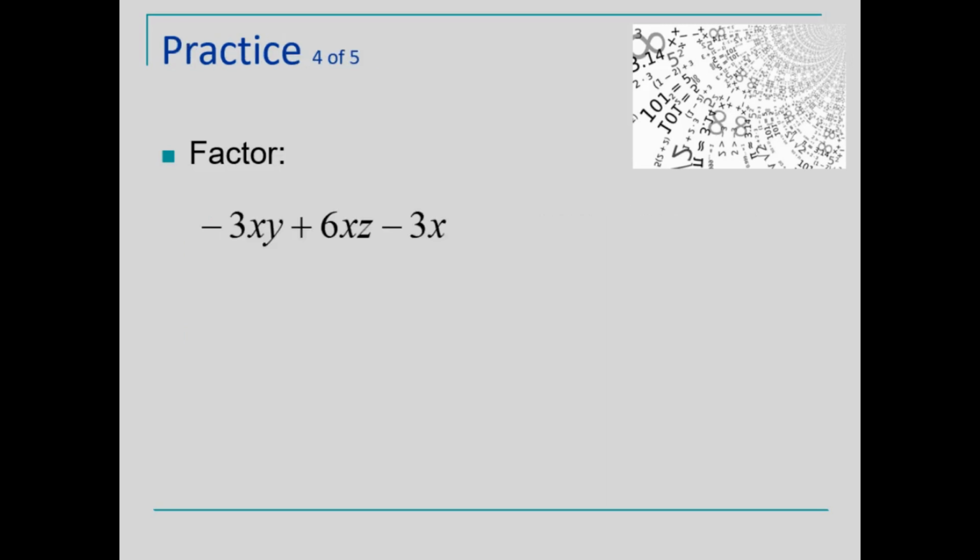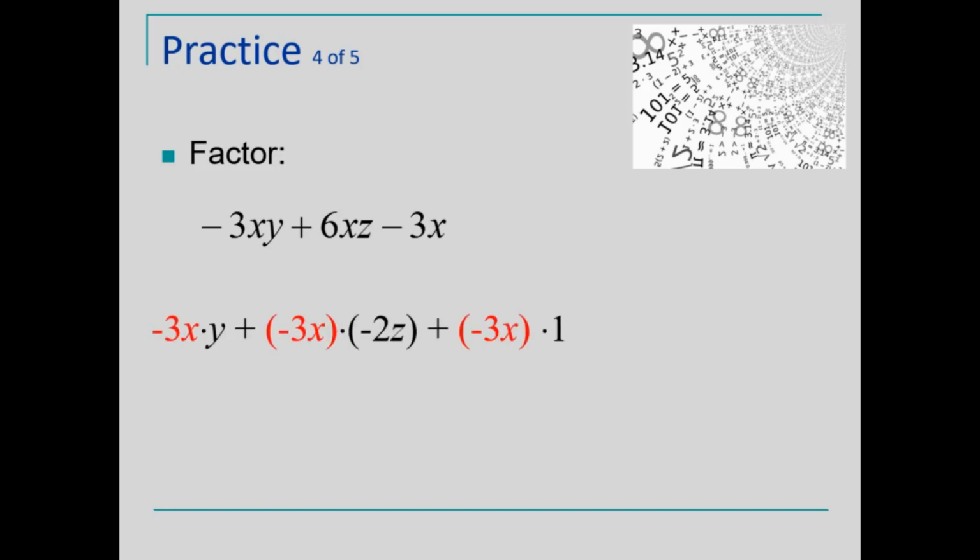Looking at this example, first step is to determine the largest common factor. We generally factor out a negative coefficient if the first term is negative. In this case, that will be -3 for the largest common factor of the coefficients. The greatest common factor of the variables is x.